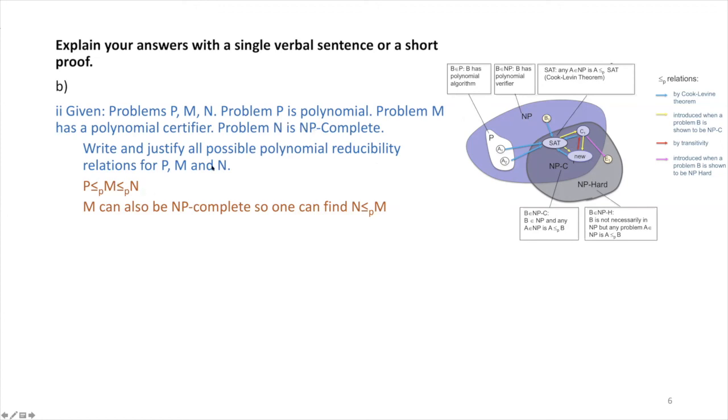This guarantees that any problem in NP is polynomially reducible to N. So we have this relation between these problems. And also, if it can be shown that M is NP complete, in that case, we can say that also N is polynomially reducible to M.